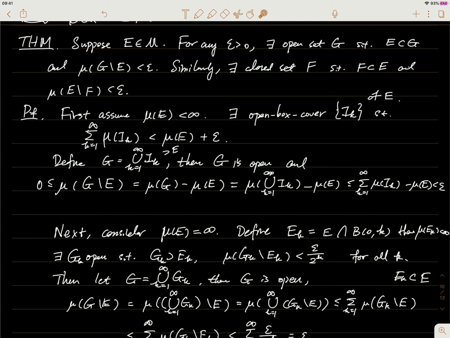Remember that this one here is just the mu star of E. It's measurable, so the outer measure and the measure are the same. And this is defined as the infimum of the areas of the open box covers. So this means E is inside the union of the boxes I_k.